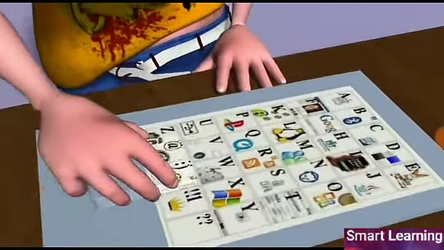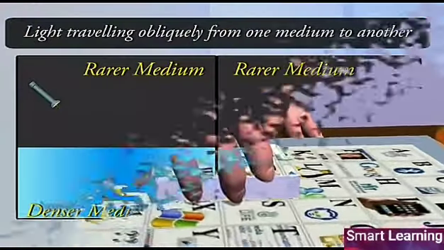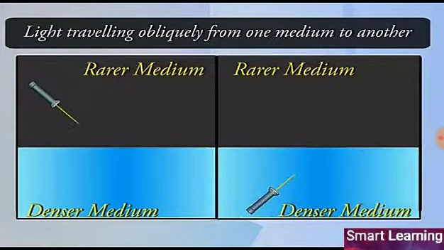The extent of the effect is different for different pairs of media. It appears that when traveling obliquely from one medium to another, the direction of propagation of light in the second medium changes. This phenomenon is known as refraction of light.